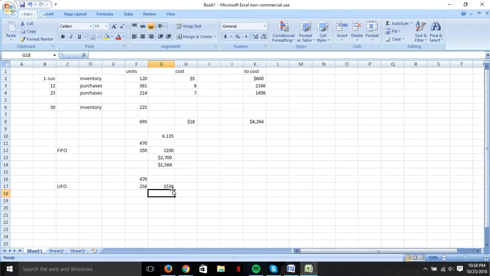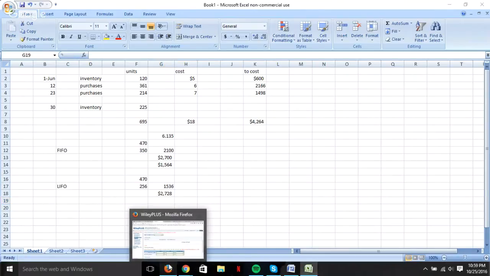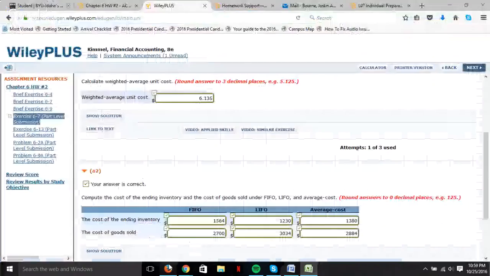We'll still again use the algebraic equation of what goes forward goes backwards. And so we'll go the total cost minus the cost of goods sold to give us our cost of ending inventory. And we'll go back.